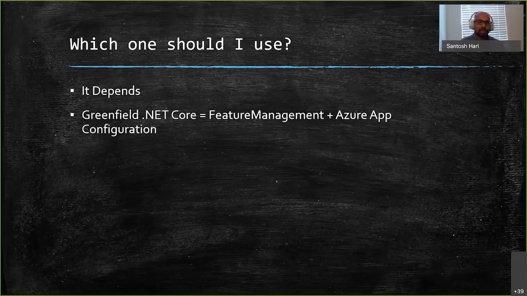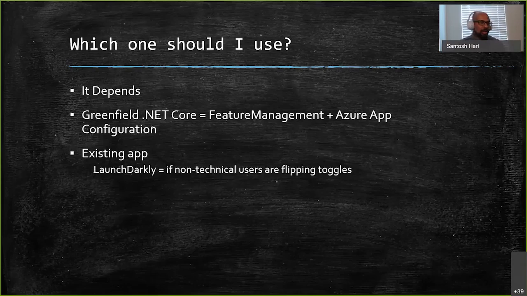So what you want to do is look at whether you have a greenfield solution or not. If you have a greenfield .NET Core solution, you want to go with feature management and Azure App Configuration. If you have an existing app, you can use LaunchDarkly if non-technical users are flipping toggles.